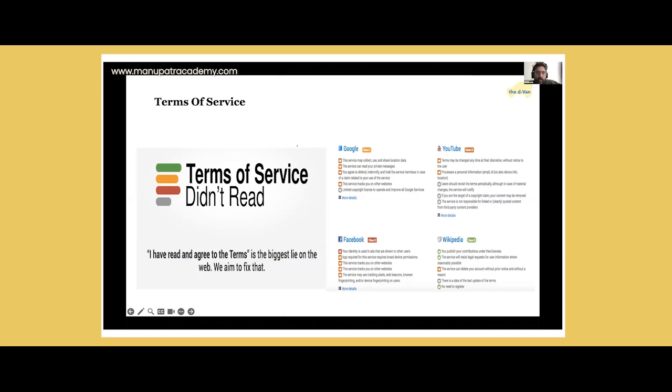Okay, can someone type into the chat about what you actually see as some of the problems with some of these contracts? Okay, so we have some interesting examples.